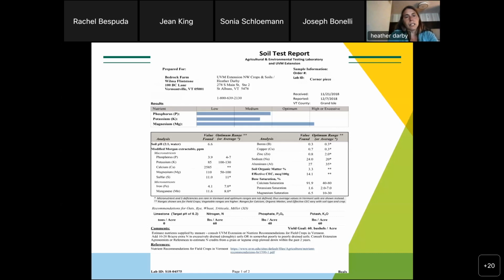So I recommend using a local lab, being very consistent. Once you find a reputable lab that you like, you'll want to stick with it because you'll want to be comparing your soil tests over time. If you're moving from lab to lab, things can be slightly different.